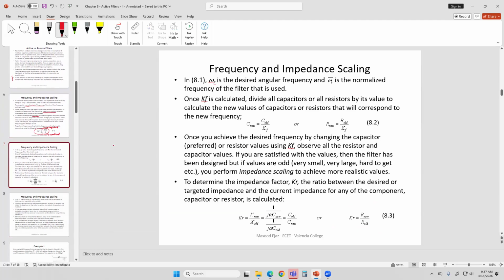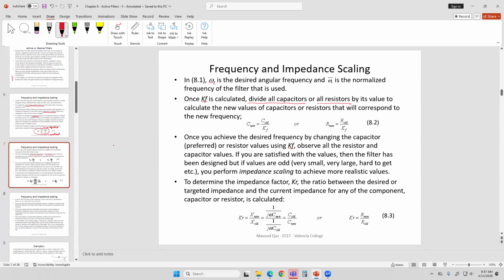So omega r is the desired angular frequency, and omega r bar is the normalized frequency of the filter. So when you calculate Kf, then you're going to divide all the capacitors or all the resistors by the value of Kf to calculate the new values of capacitors or resistors.